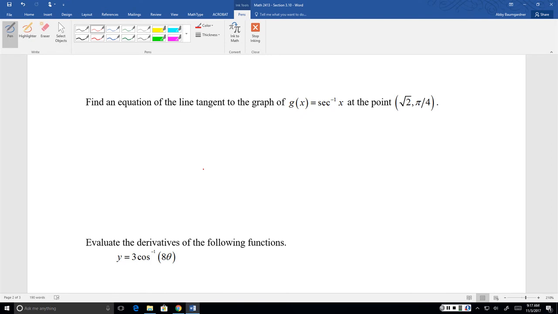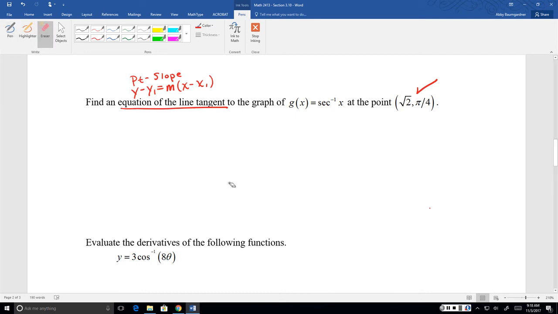All right, let's find the equation of the line tangent to the graph of g of x equals secant inverse of x at this particular point. Equation of the line tangent tells me I have to use the point slope formula, and it's going to require a point, got it, and a slope. I don't have that, but I can get it.